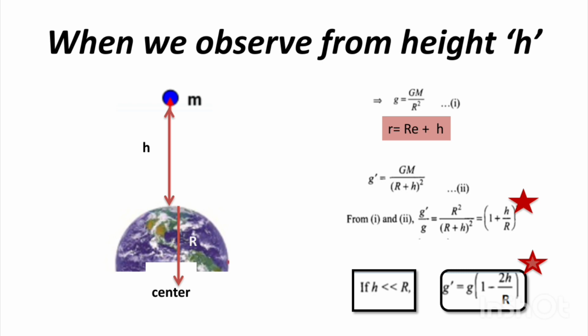And if the radius is very high compared to the height h, then this formula will become g dash is equal to g (1 minus 2h by capital R). I put a star here so that you remember both equations. If the condition is given that h is very much less than R, then the lower formula will be used; otherwise you will use the above formula.